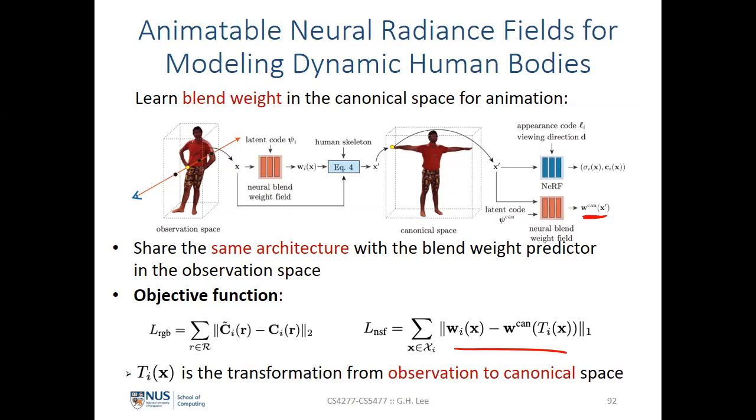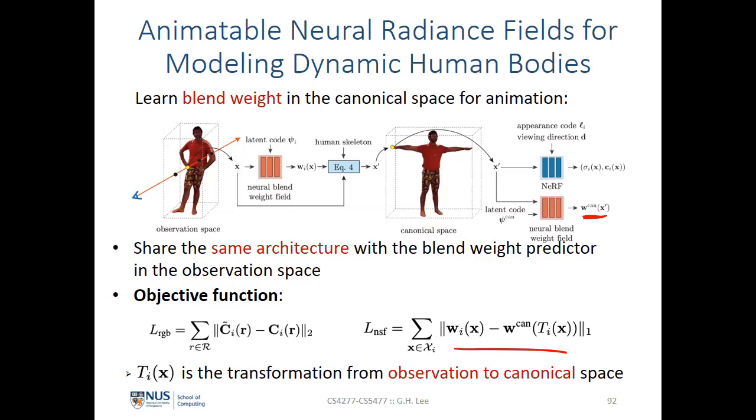But this is animatable. What I mean by animatable is that if you change the observation space, let's say I animate this host, I give it a different X over here, and I say I want a different view, it is able to pick it up from the canonical space and map it into this X that I desire.